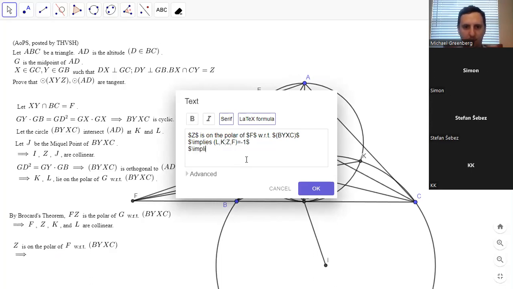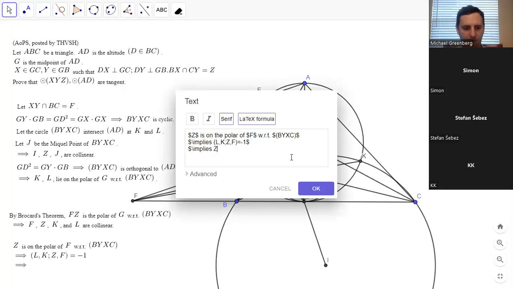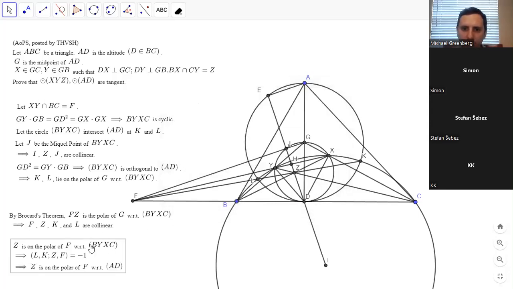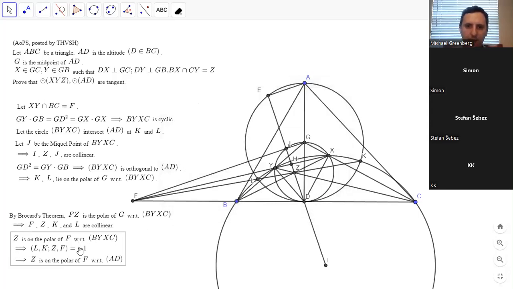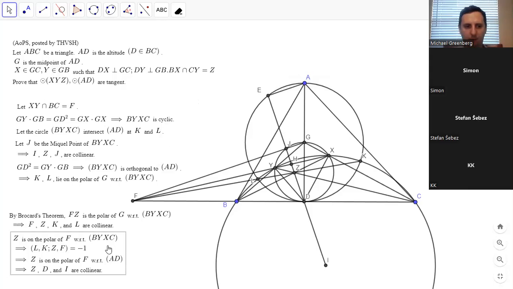And that implies that Z is on the polar of F with respect to the circle with diameter AB. And that means that Z, D, and I are collinear. So we know D lies on it and I lies on the polar by Brocard's theorem.